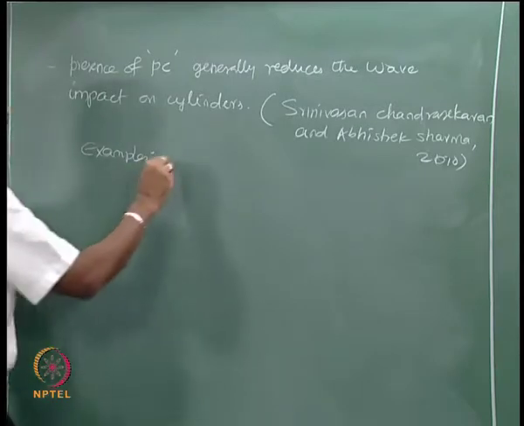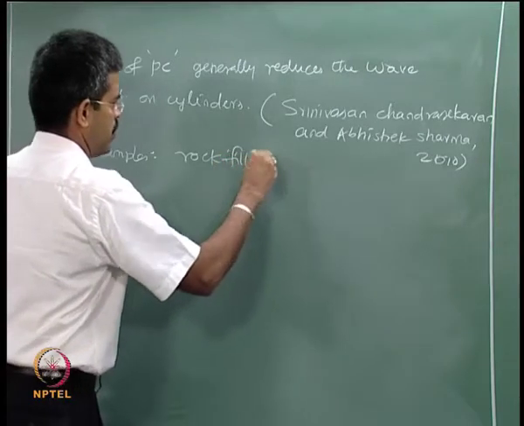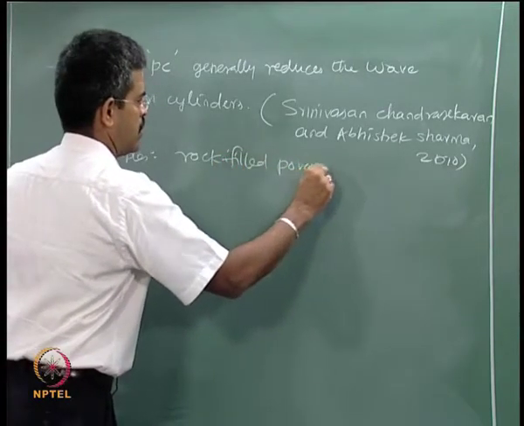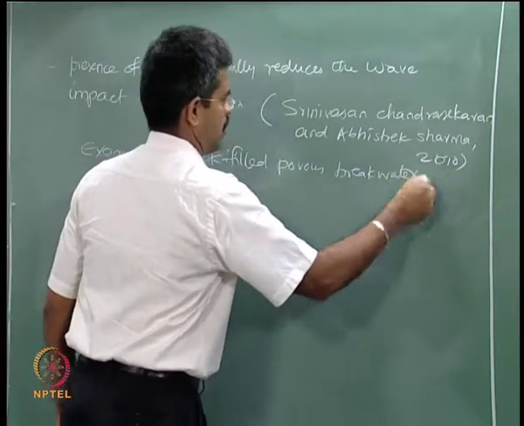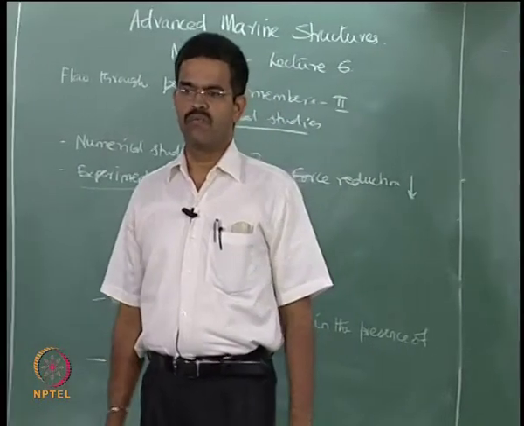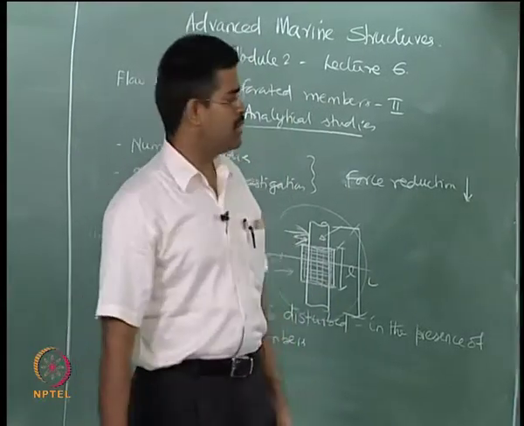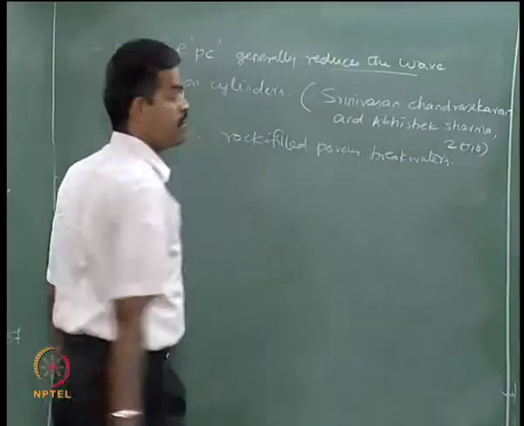For example, rock filled porous breakwaters. There are rock filled porous breakwaters of very large dimensions where the breakwaters remain porous, and it has been estimated and seen that there is tremendous reduction in the wave impact on these breakwaters.